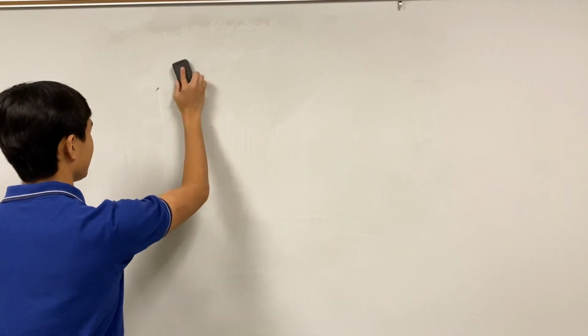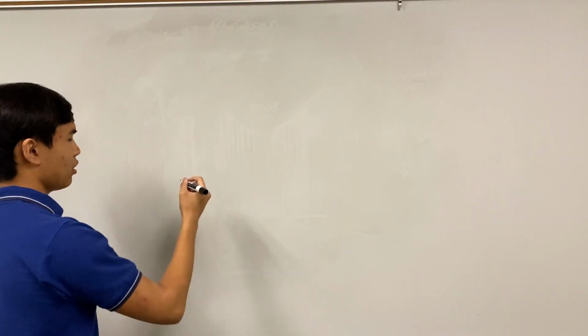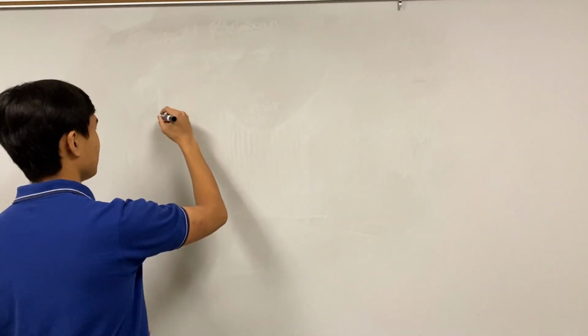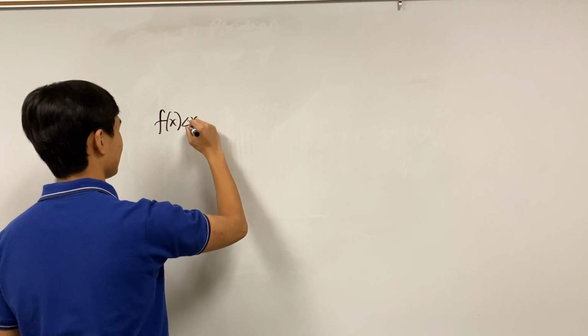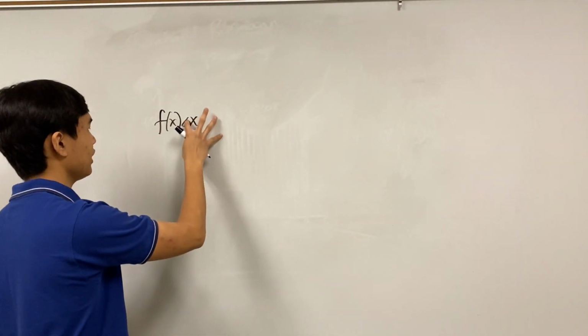So how would we write the area of a rectangle? Well, it's length times width. So it's f of x times delta x, right?